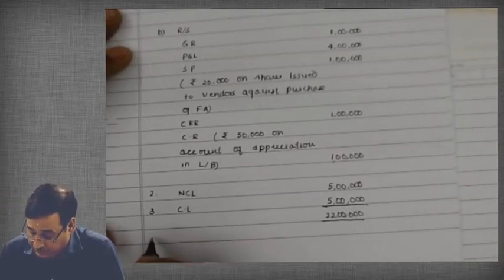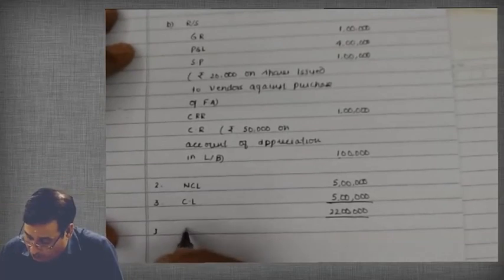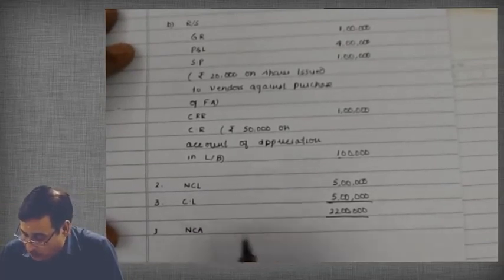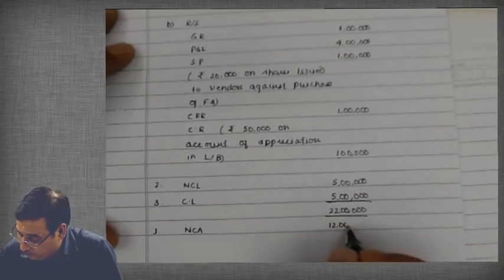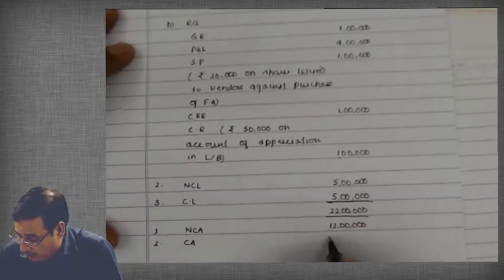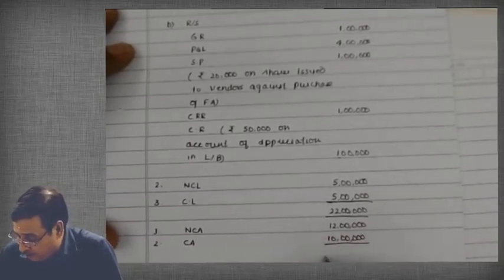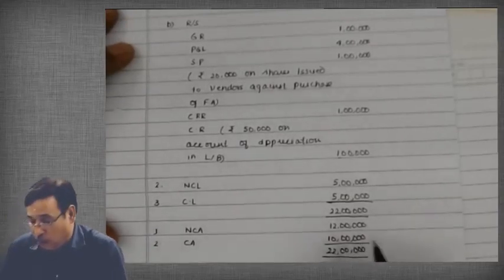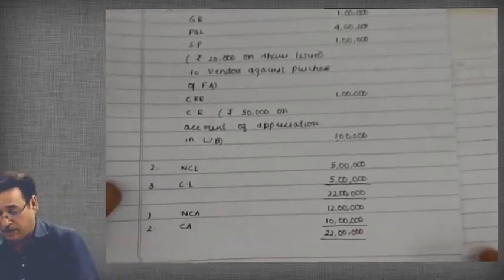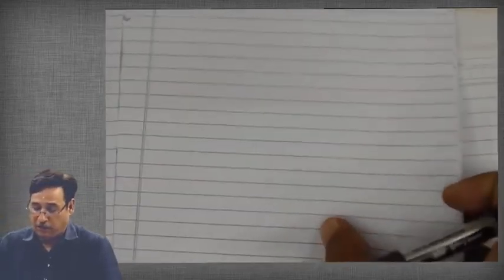And assets. Asset side, right here, non-current assets, 12 lakhs. Current assets, 10 lakhs. So total is equal to 22 lakhs. Not many items as far as the asset side is concerned, correct? So this is your balance sheet. Once you have had a look over the balance sheet, further we go now, correct?